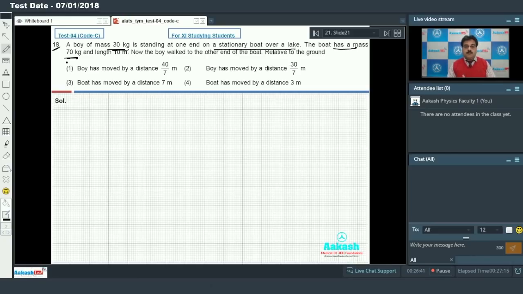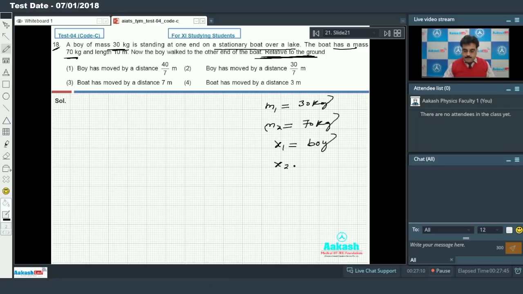Now the boy walked to the other end of the boat relative to the ground. This is relative to the ground. So if I consider suffix 1 for the boy, we can write M1 is 30 kg, and 2 for the boat, M2 will be 70 kg as per the question, because I am going to take X1 for the boy and X2 for the boat.